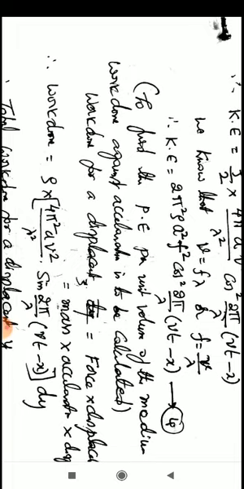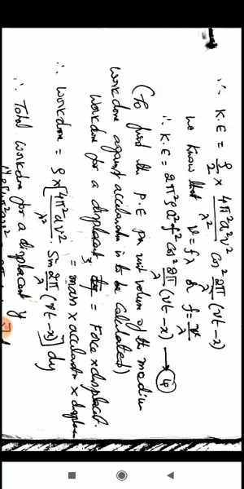And also we have work done for displacement, that is force into displacement. We know that force is equal to mass into acceleration. Therefore, work done is mass into acceleration into displacement, that is ρ × 4π²av²/λ² sin(2π/λ)(vt − x) dy.